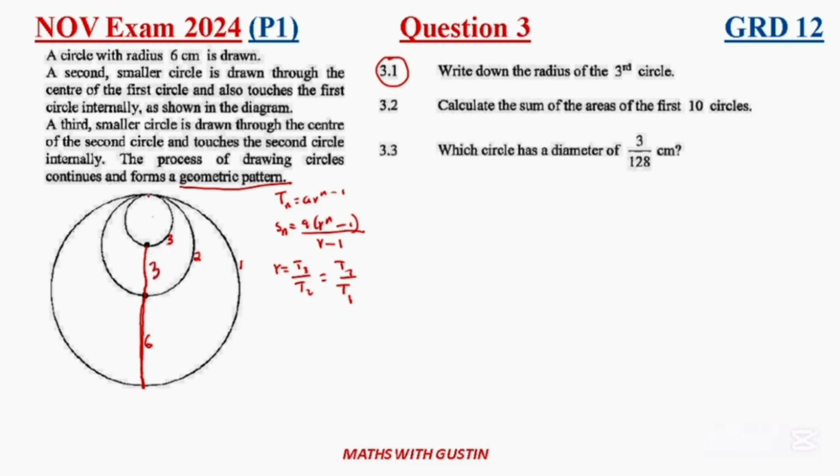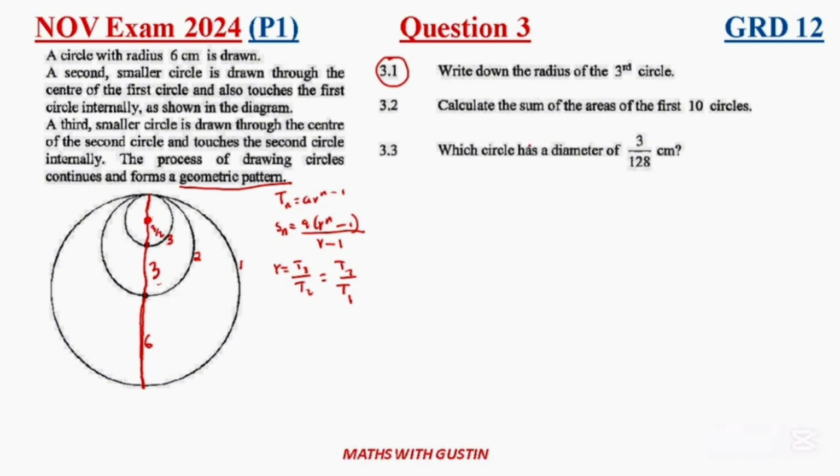And then you have this one here, which is going to be half of this one. So the radius will be half of 3, which is 3 divided by 2, going to give us 3 over 2. Okay, makes sense, guys? Makes sense.